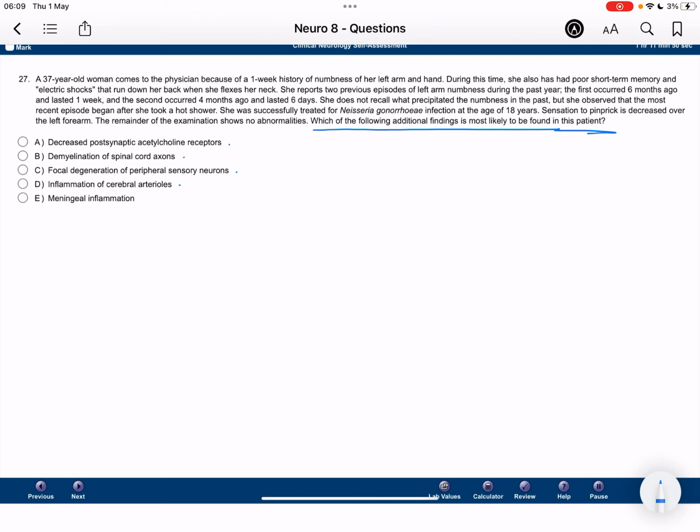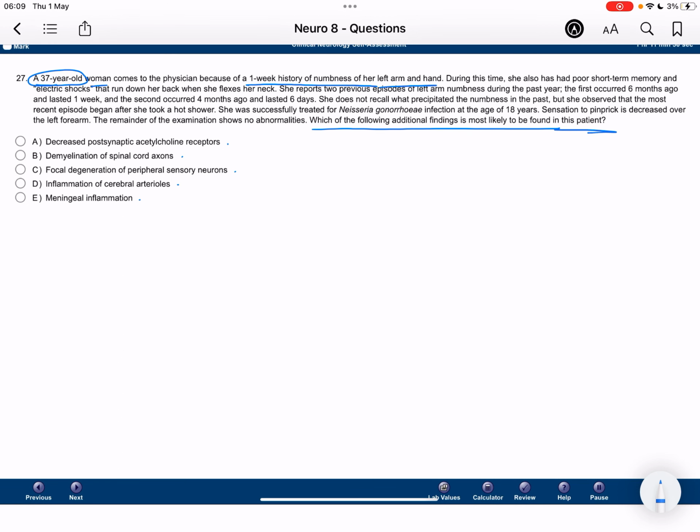A 37-year-old, quite young woman comes to the physician because of a 1-week history of numbness of her left arm. So this is an acute to subacute problem. She's got numbness of the left hand and arm.